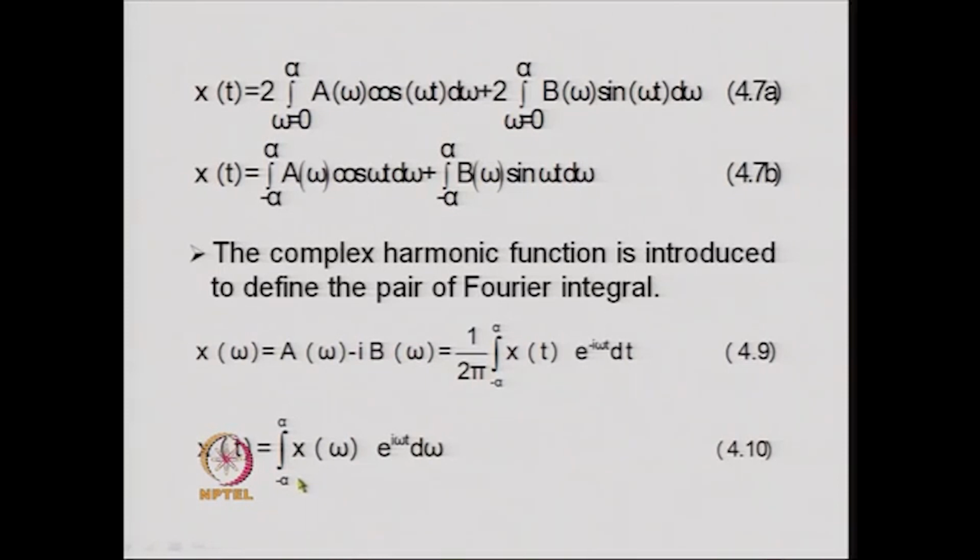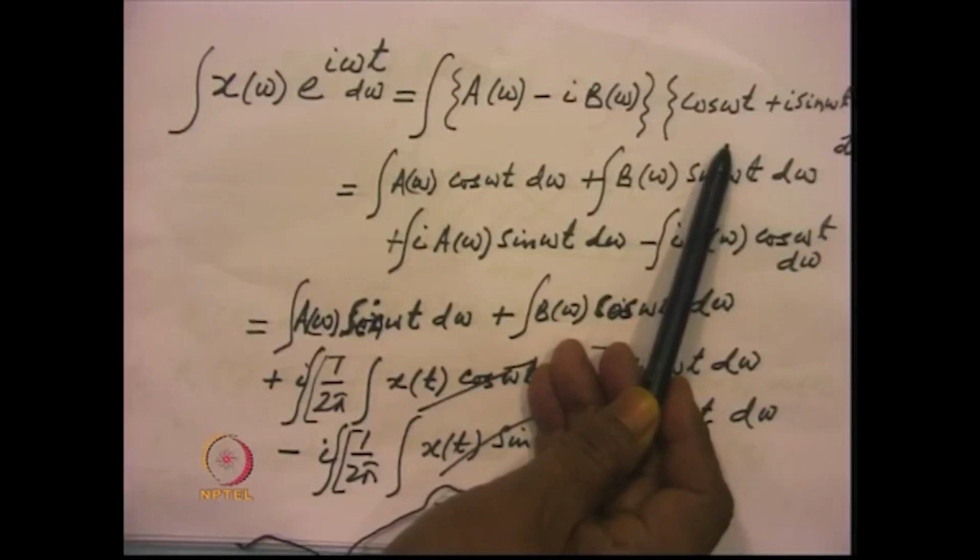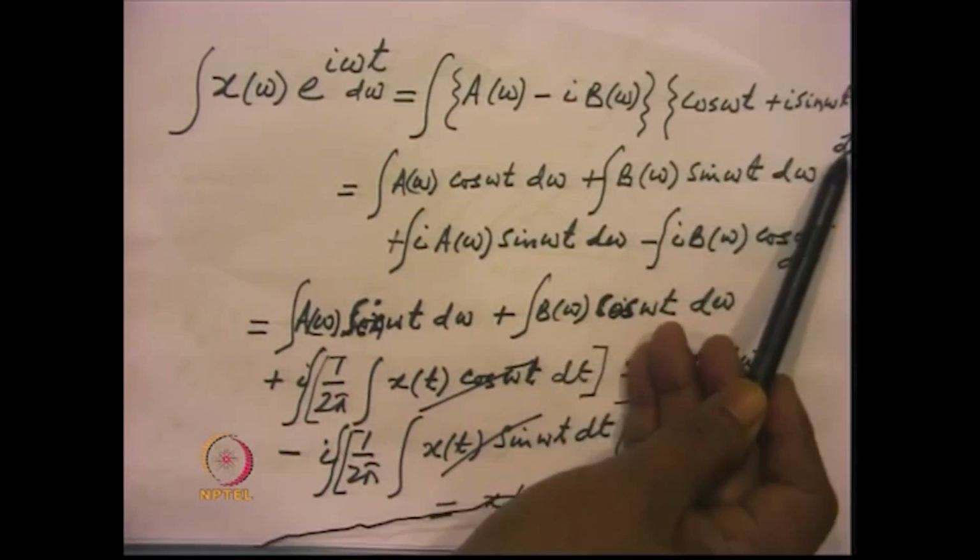It can be easily proved like this: if we take the integral of X(omega) e to the power i omega t d omega, then we have A(omega) minus iB(omega) multiplied by cos omega t plus i sin omega t, that is, e to the power i omega t is replaced by cos omega t plus i sin omega t, and we also keep d omega.